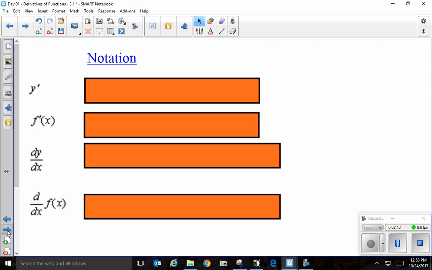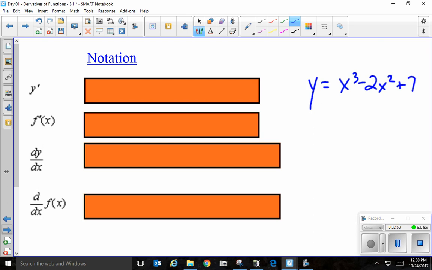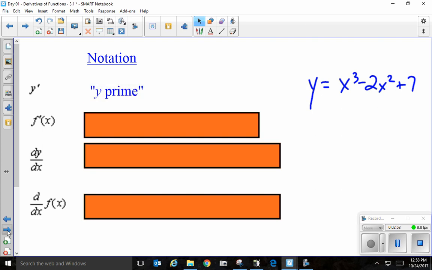So let's talk about notation. When we have an equation, we can say y equals, I don't know, x cubed minus 2x squared plus 7. Whatever our equation is, it could be y equals. But if we want the derivative of y, we just call this y prime. That's how we say it.